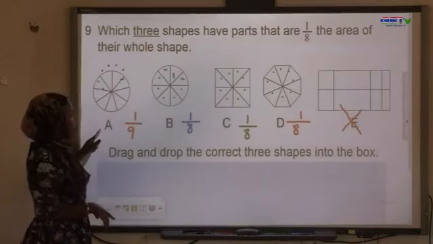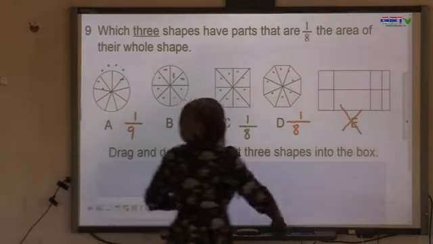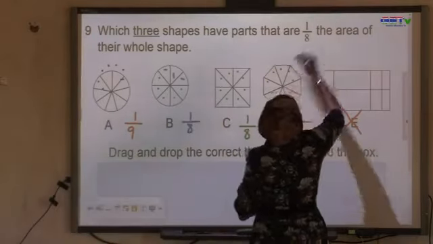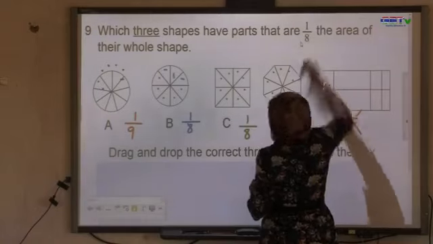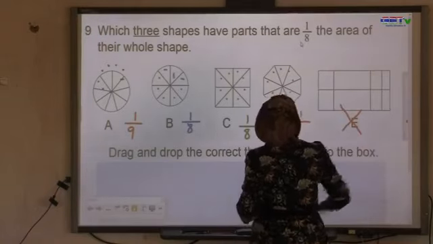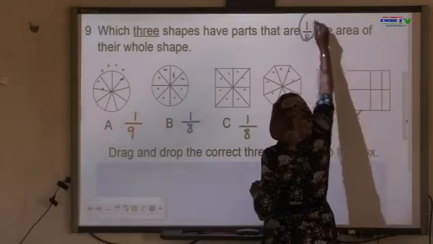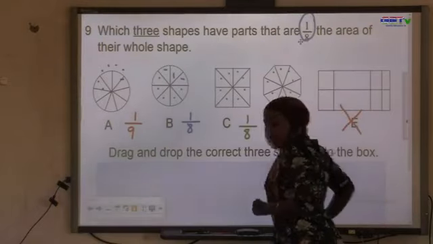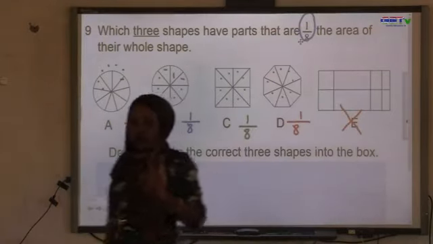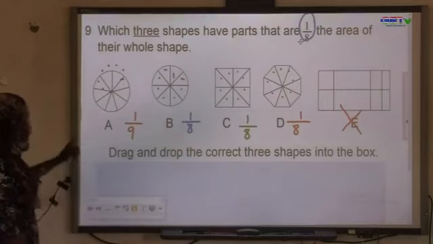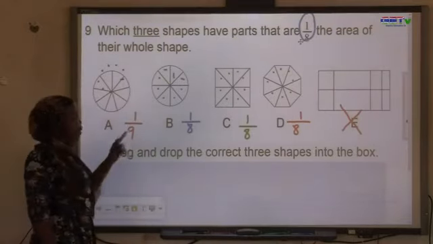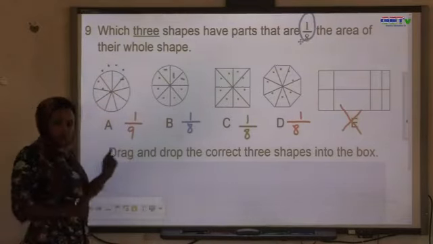Option A, remember, we are looking for shapes that have 1/8. Remember, that's what we are looking for. Option A is 1/9, which is not 1/8. So option A is out.